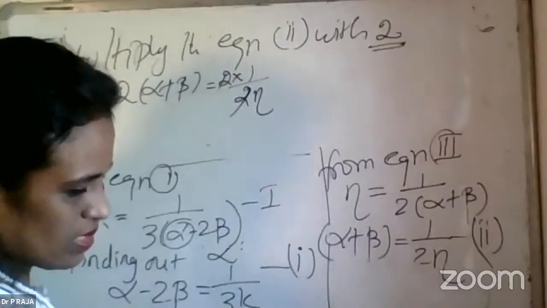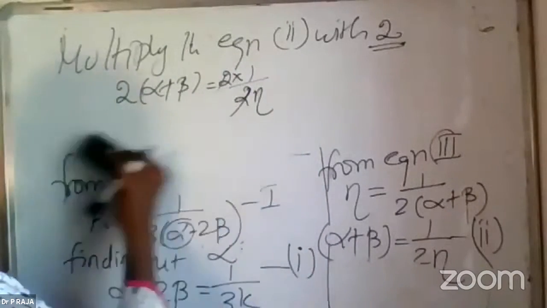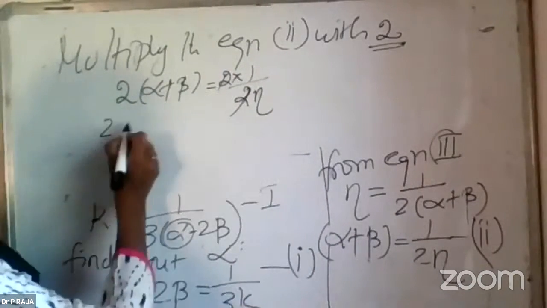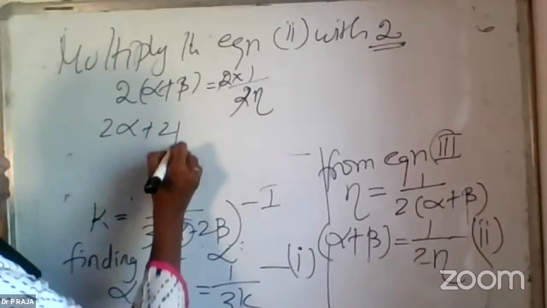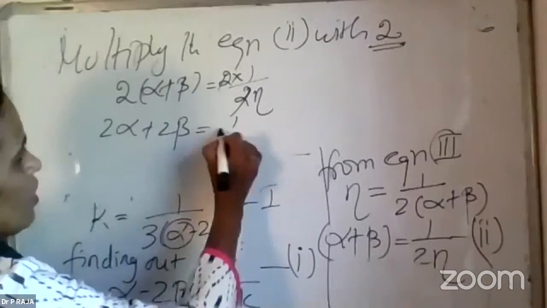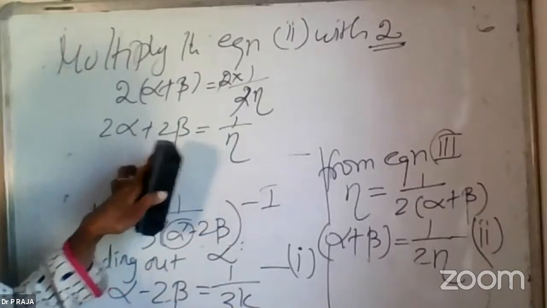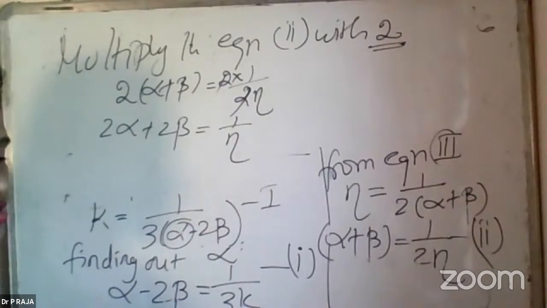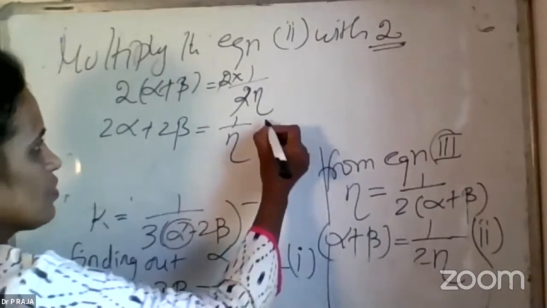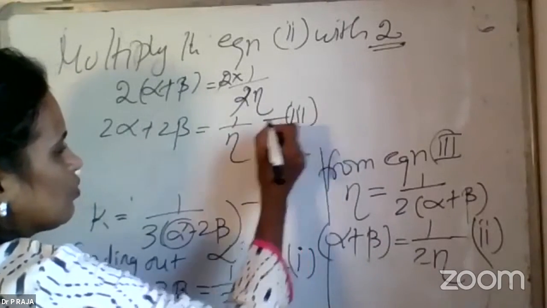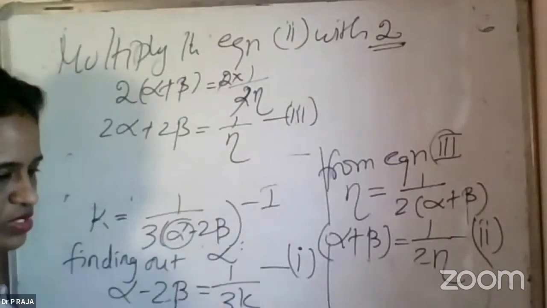The 2 and 1 by 2 will get cancelled, and you will be left with 2 alpha plus 2 beta is equal to 1 by eta. You can put this as equation number 3.